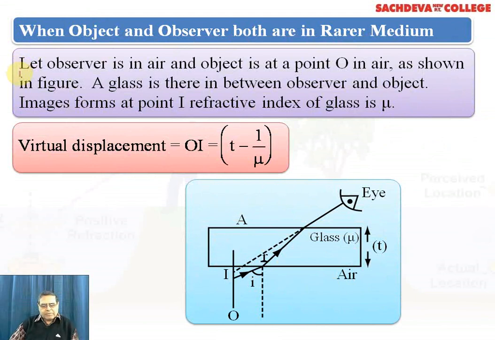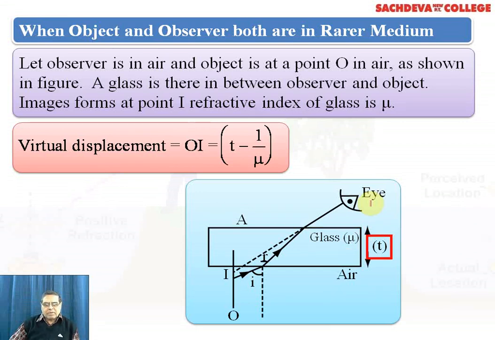So now we find that there is a glass slab with refractive index mu in the figure. The position of I is in the rarer medium, and here the rarer medium is air and the denser medium is glass with refractive index mu.